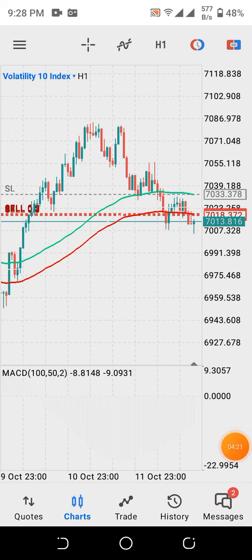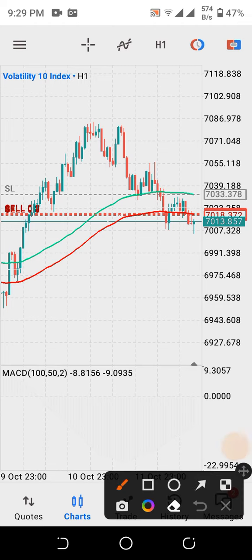This is to prove to you that this strategy is highly profitable. Look at these points. I was on buy when the candlestick crossed this green line.